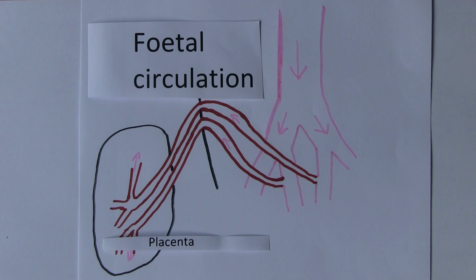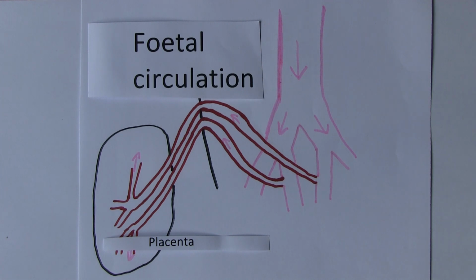And the definition is the same as always. An artery is carrying blood away from the fetal heart. A vein is carrying blood towards the fetal heart. So when we talk about the umbilical arteries, we're talking about vessels carrying blood from the fetus to the placenta. When we talk about umbilical veins, we're talking about vessels carrying blood from the placenta to the fetus.